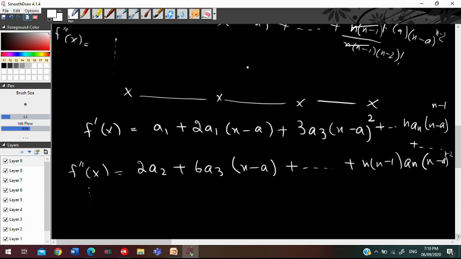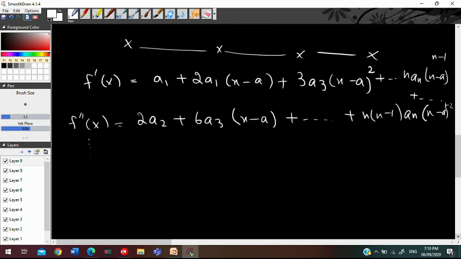But keep in your mind, when I put x equals a, what will happen? Here we have x minus a, so this term will be 0, this term will be 0, and we obtain only the first terms from all derivatives.